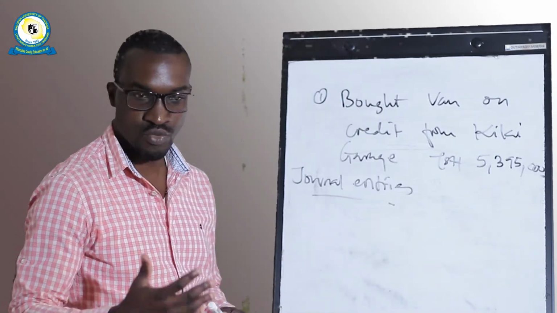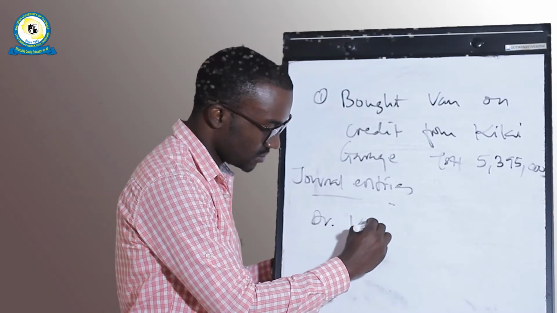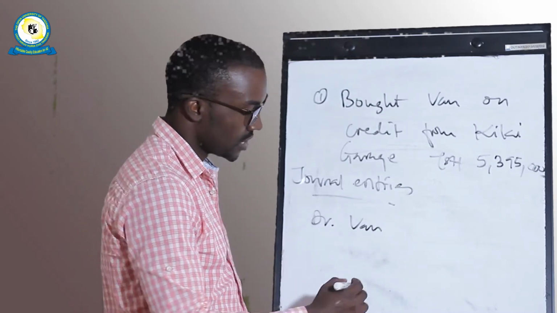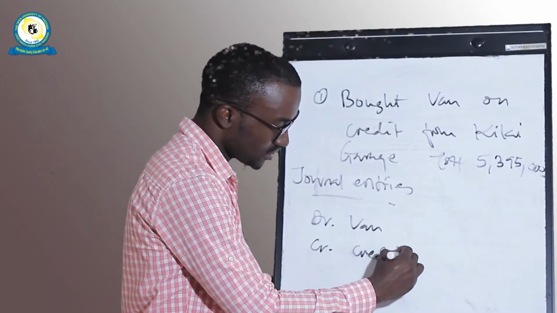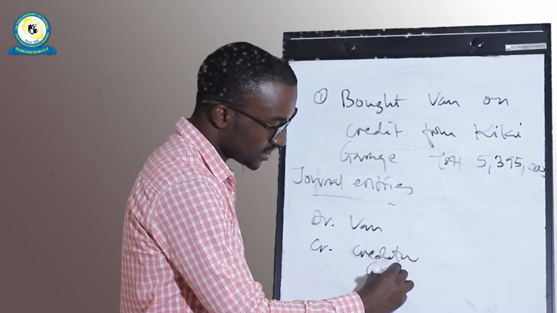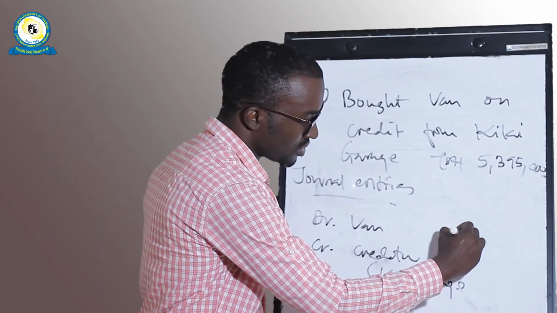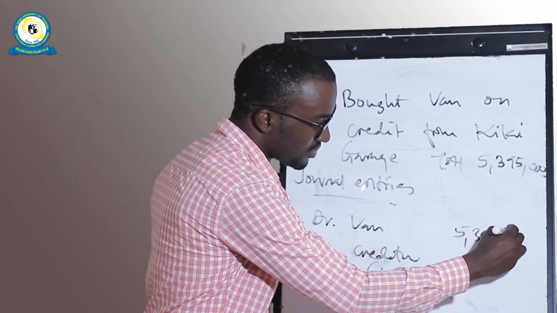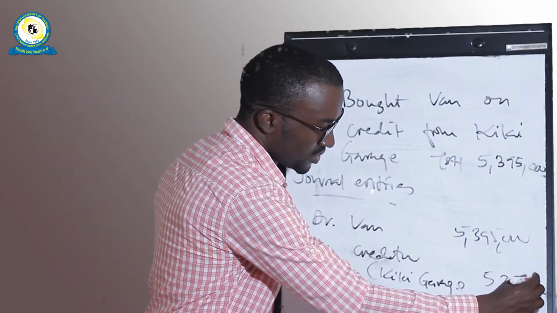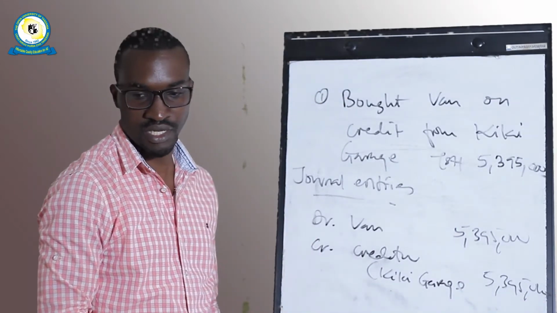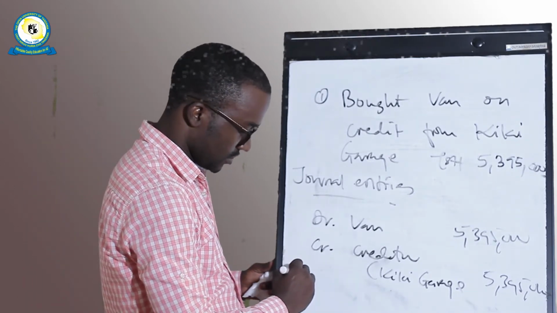Since we have a van, we are going to debit the van, which is an asset, and then we are also going to credit the creditor, Kiki Garage, of an amount 5,395,000, with a narration.